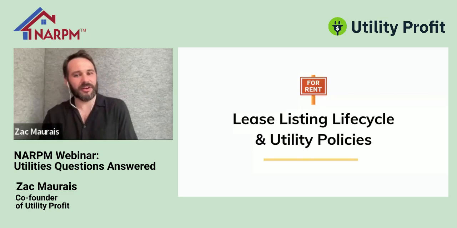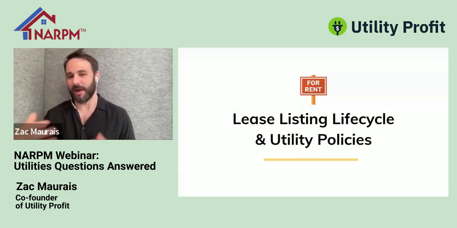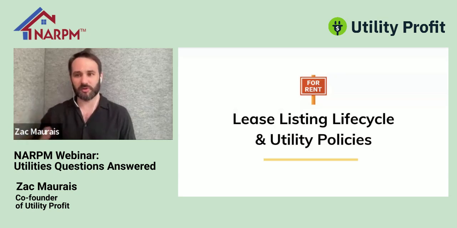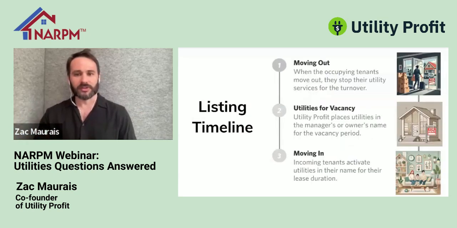First, I'm going to explain some high level stuff about the life cycle of the listing, and what some property managers are doing from a policy perspective around how they think about key exchange and whose name the utilities go in. So, this is a new home for rent.